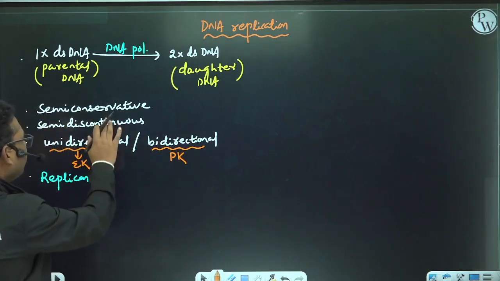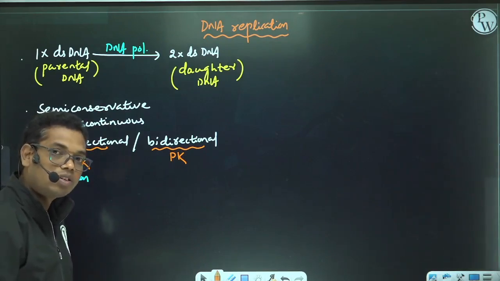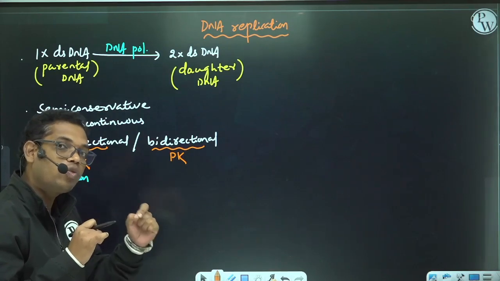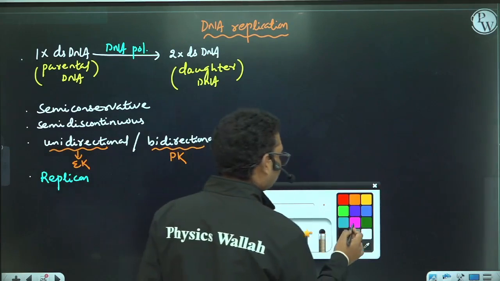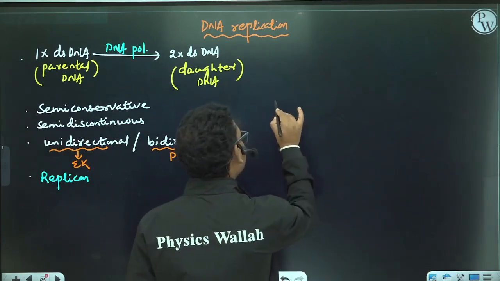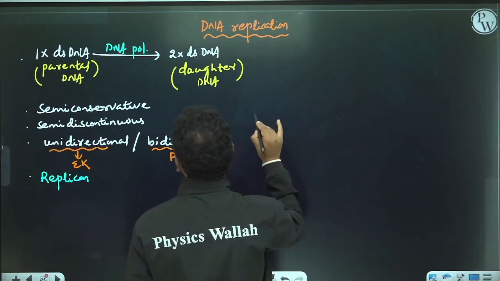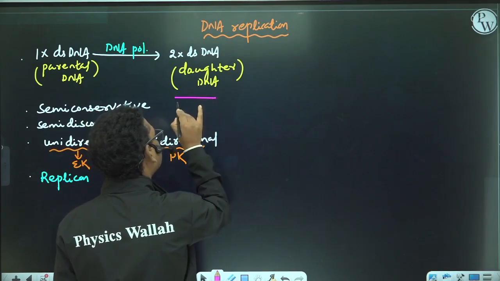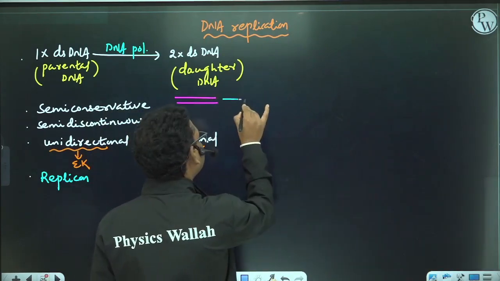Okay, so what do you understand by semi-conservative? This is a method of DNA replication in which each daughter DNA molecule will contain one strand of the parent DNA. Okay, so let me write that part here. Suppose this is one double-stranded DNA, and I allowed this DNA to undergo replication.